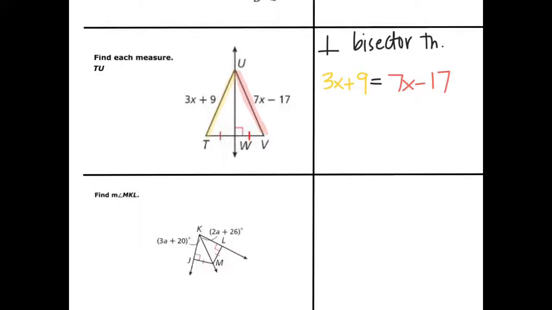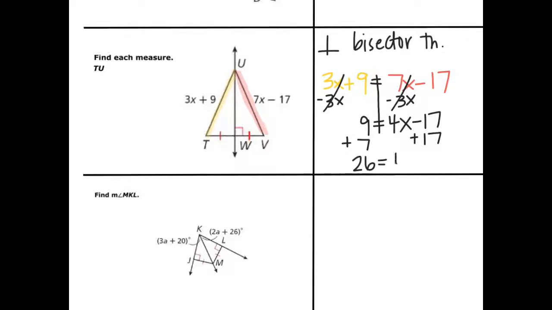We quickly solve, and of course if you were going to do a proof, you would have to use your algebraic properties of equality, but we'll quickly subtract 3x from each side. We've got 9 equals 4x minus 17. I would add 17 to each side, so that 26 is equal to 4x.